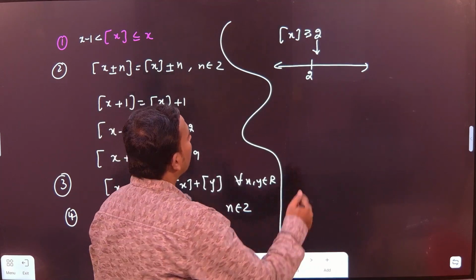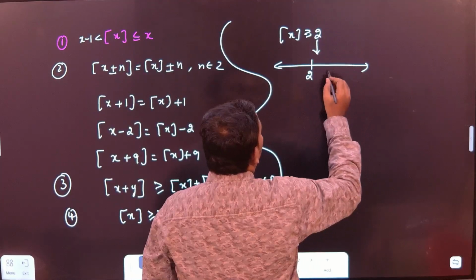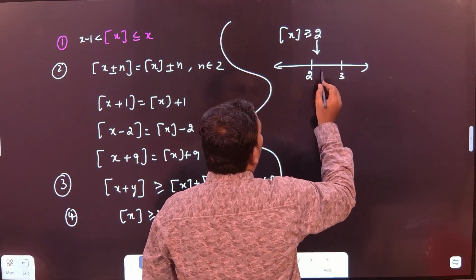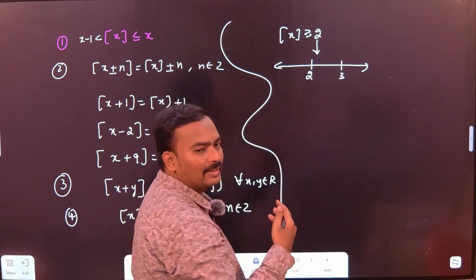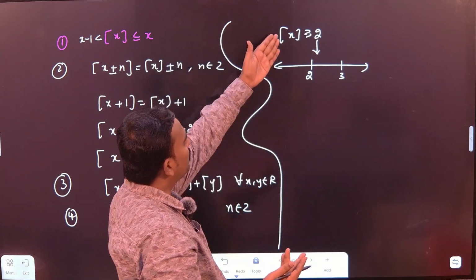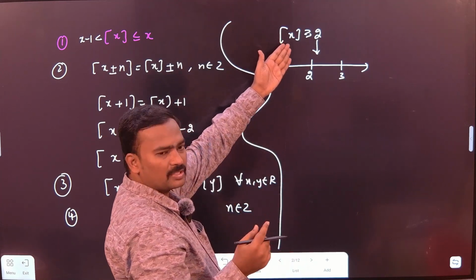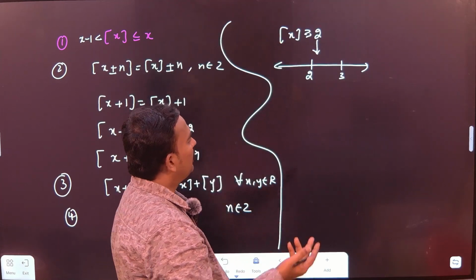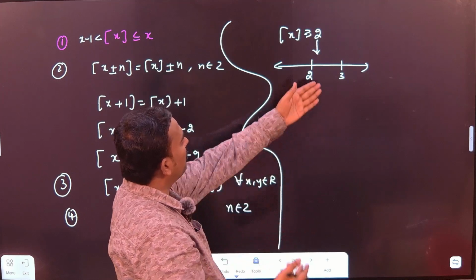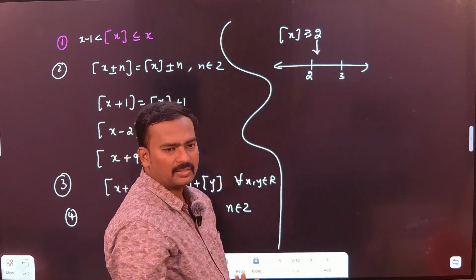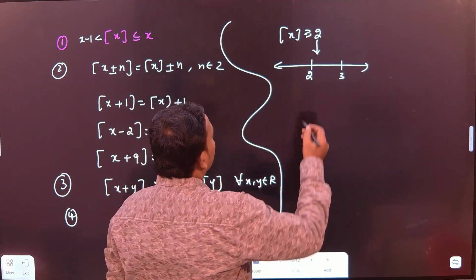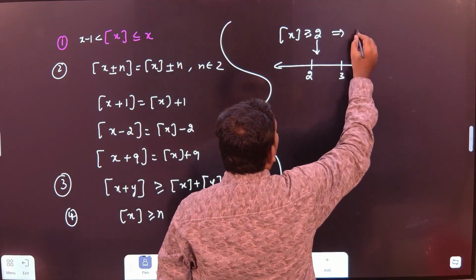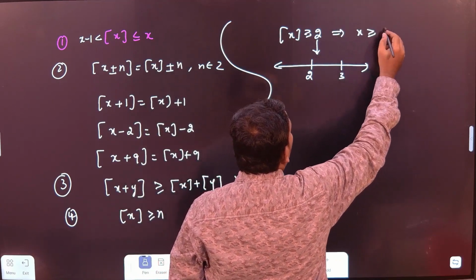So let's take 2 to 3. If I take 2.999, the greatest integer value is 2, and 2 is greater than or equal to 2. Let's take 3. 3 is greater than 2, so it's satisfied. From this we can say x is greater than or equal to 2.